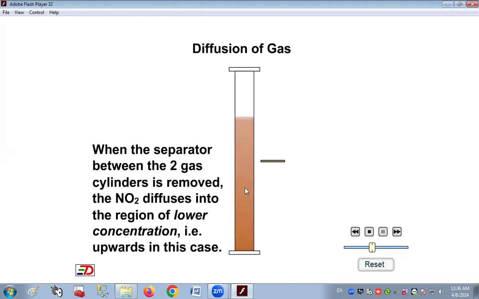So now you can see that brown color becomes lighter and it spreads throughout the container. So this is diffusion. Diffusion is a very important process by which we can smell perfumes, we can smell other things as well, because the particles are in continuous movement.